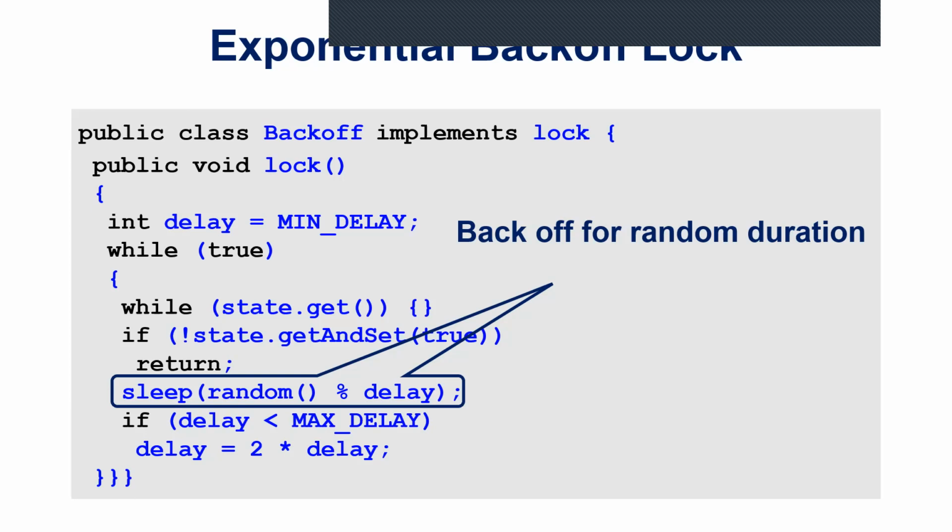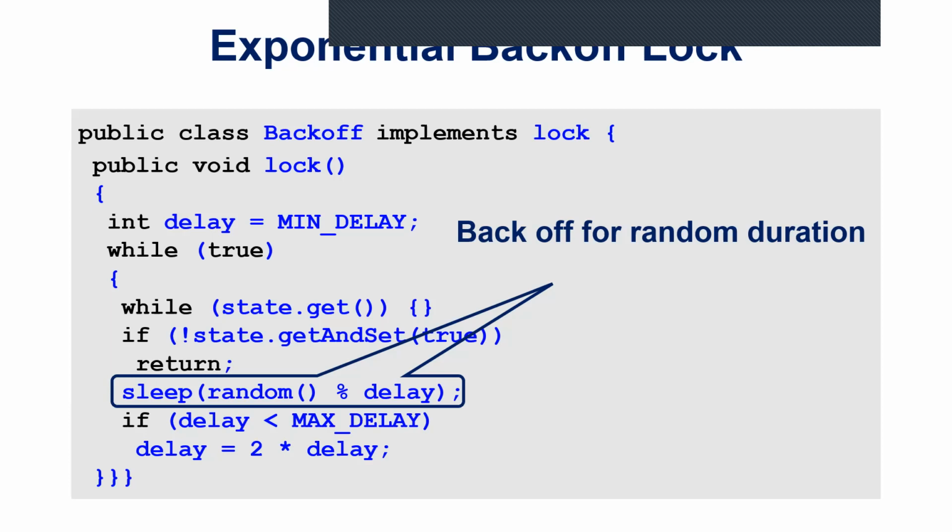So why are we using the random? Because if all the threads are contending for the lock and we provide the same delay to each and every thread, then again after that delay every thread will try to contend for the lock, which causes the contention.